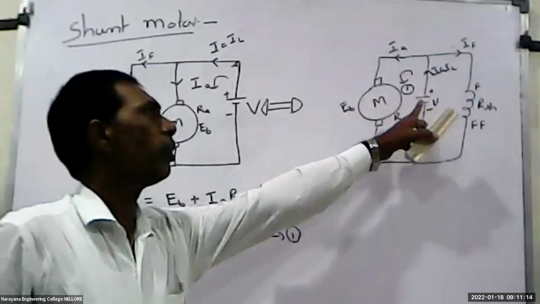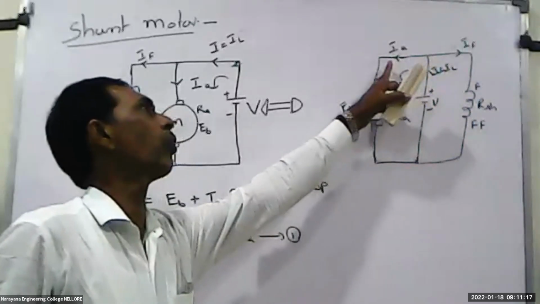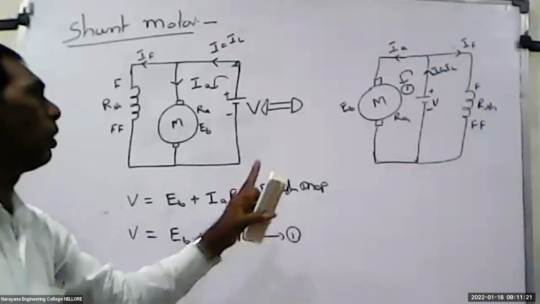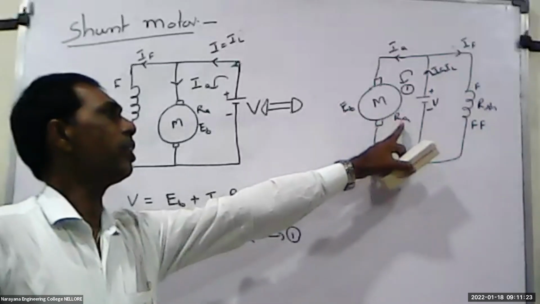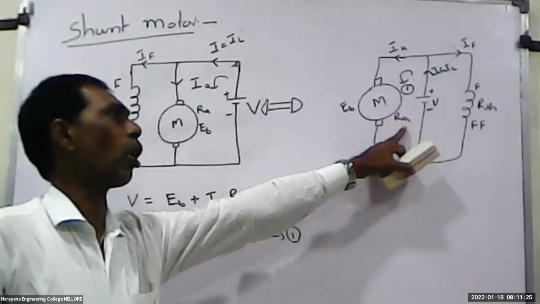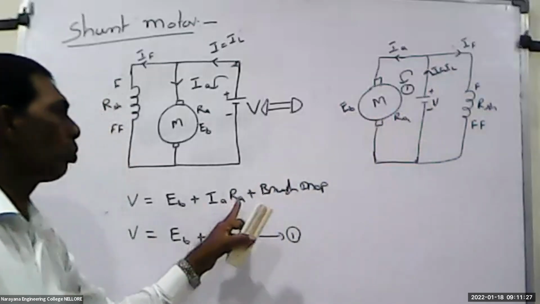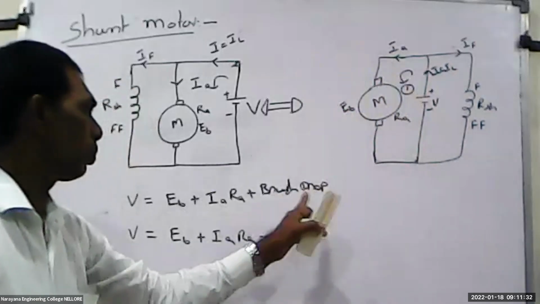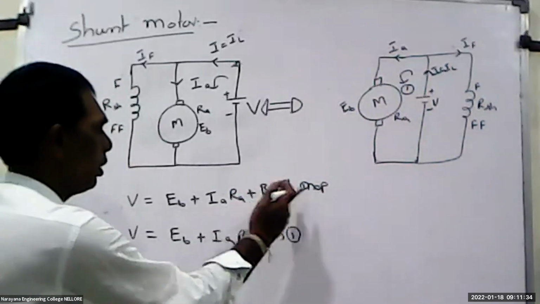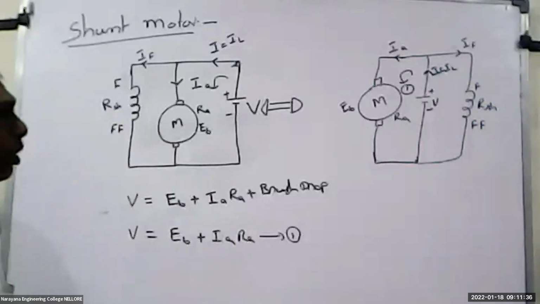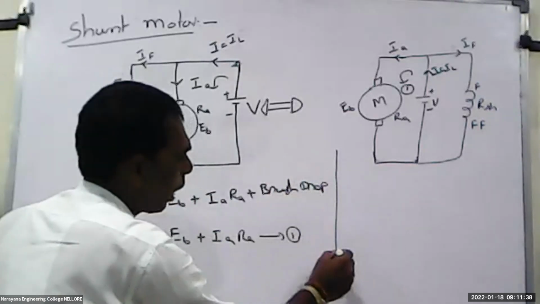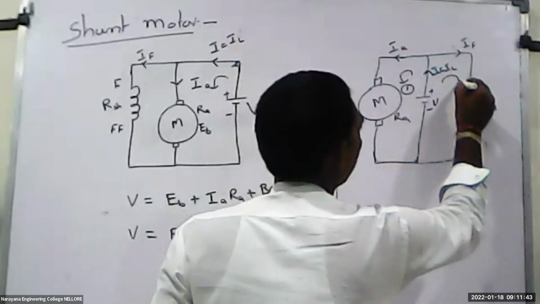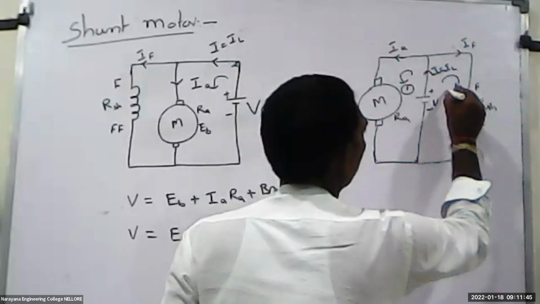So we observe here V is equal to the voltage drop across the armature, EB, plus the drop across the resistance, IA into RA, and the brush drop. If negligible, this is equation 1. Now I have to go to the other side, so I apply KVL for loop 2.